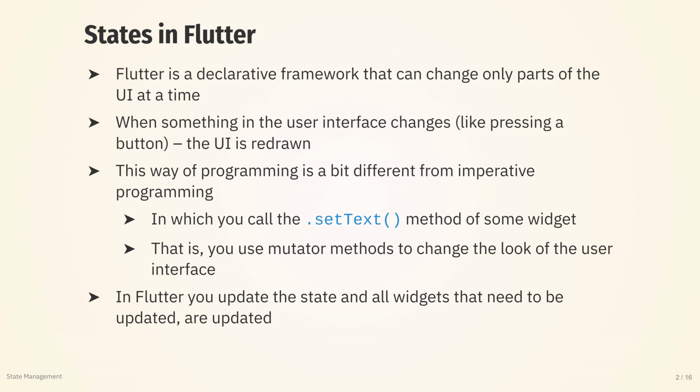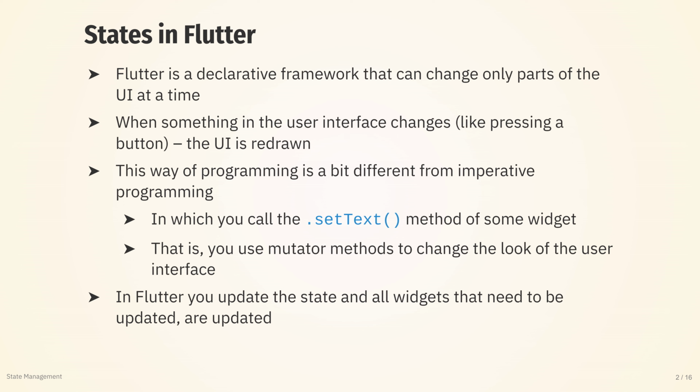So Flutter is a declarative framework, and in this case that means that it's built in a way that it's possible to redraw just parts of the screen. When something happens in the user interface, like pressing a button, the user interface is redrawn, and in imperative programming that has been just like calling a method like setText, for example, for changing the text of some widget somewhere, using mutator methods to change stuff.